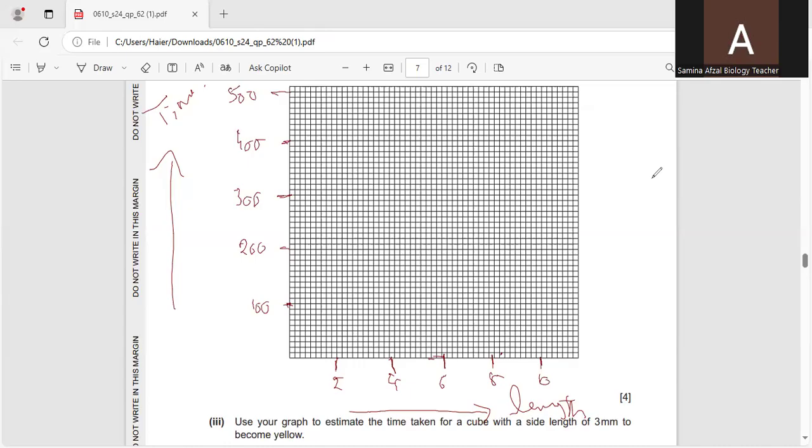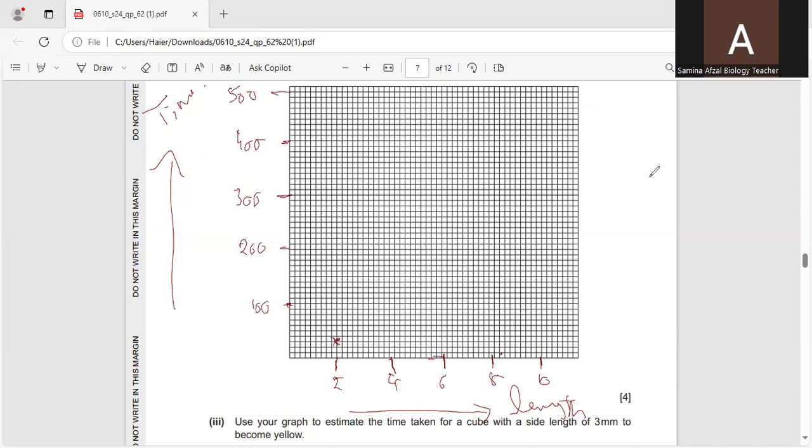So at 2, the value is 35. So 1, 2, 3, and we'll put a small cross over here. And at 4, the value is 64.